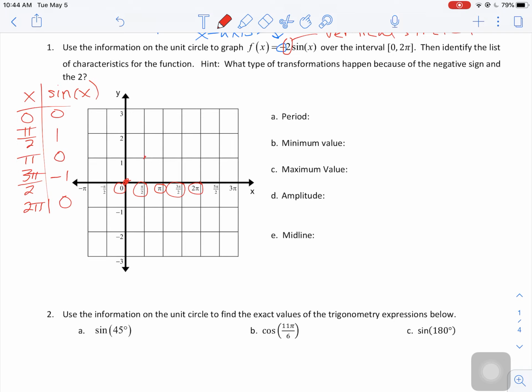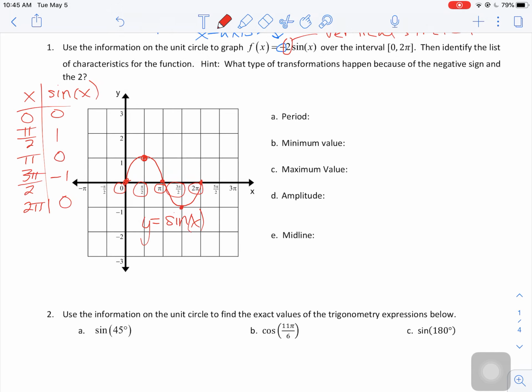So 0, 0, pi over 2, comma 1, pi, comma 0, 3 pi over 2, comma negative 1, and then 2 pi, comma 0. So this one in red that I'm doing, this is your normal sine curve. So that's y equals sine x.